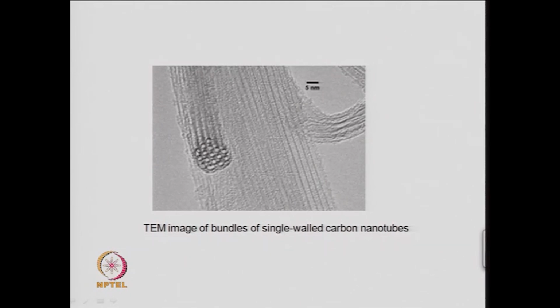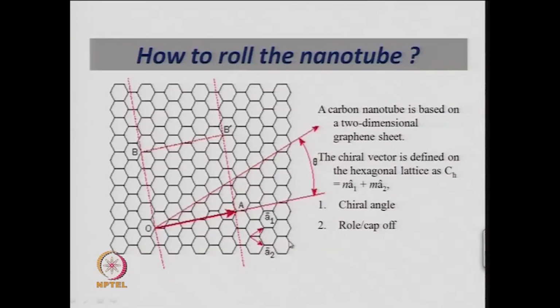This ability of these nanotubes to come together is through van der Waals forces, and these are again pictures of nanotubes. This is a curved nanotube, and you can see the scale is of 5 nanometers. So, this diameter is of the order of 1 to 1.5 nanometers typically for a single walled nanotube. So, these are all single walled carbon nanotubes.